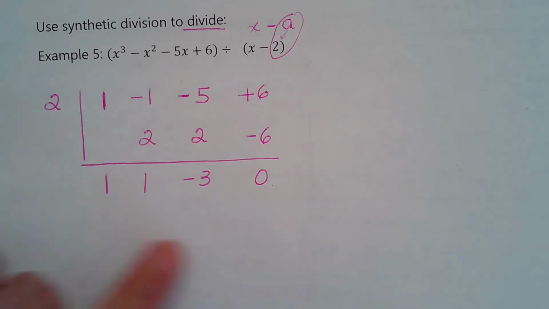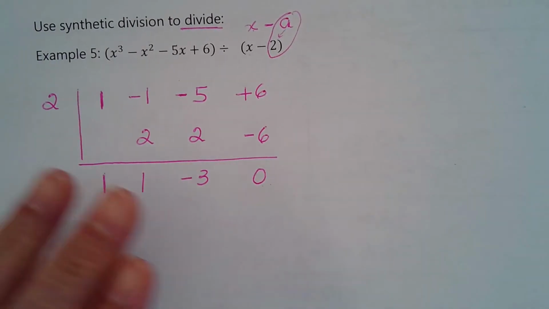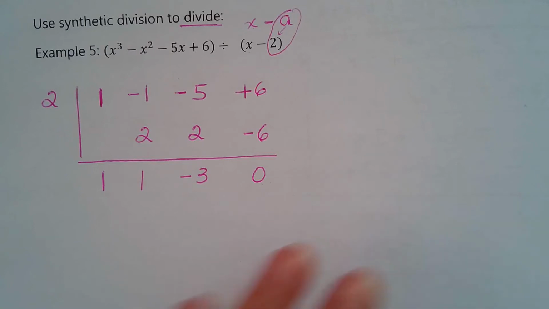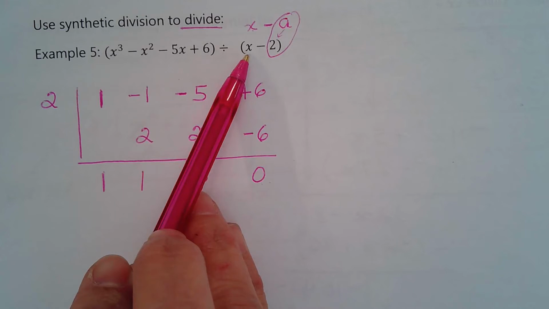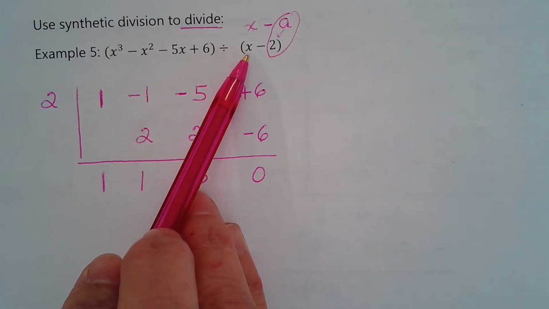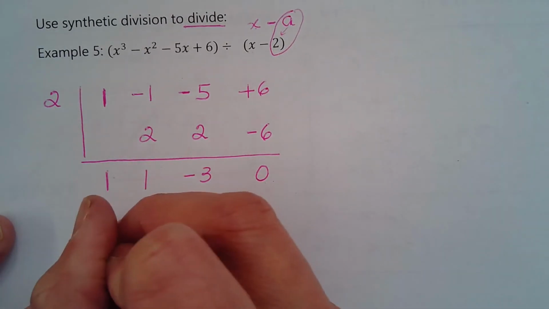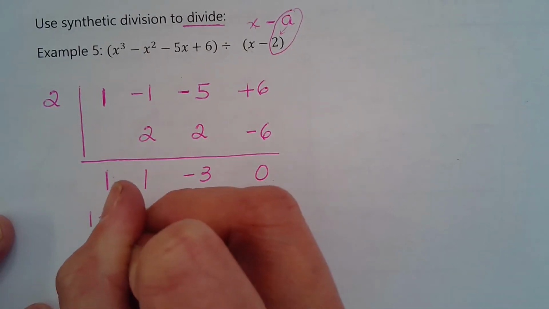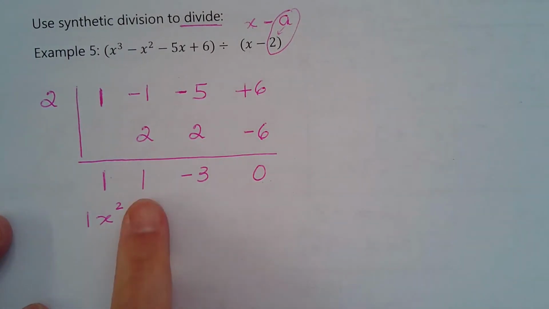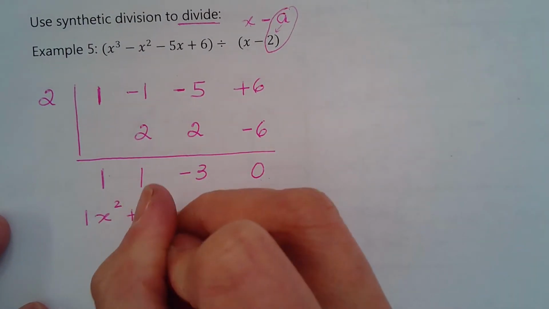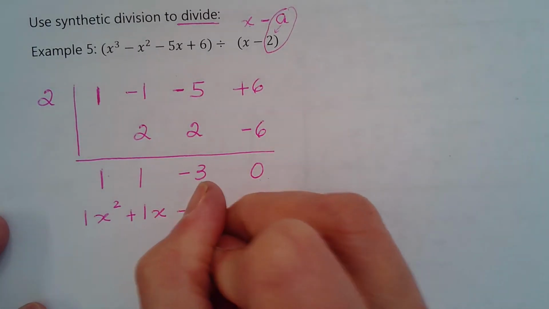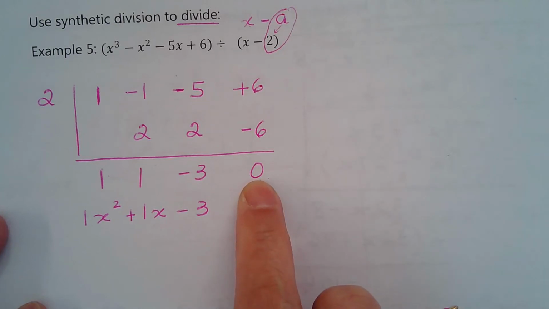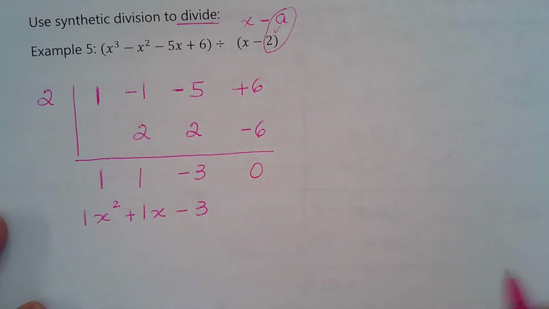Now these numbers are the coefficients of our quotient. Since x cubed divided by x gives x squared, the first one is 1x squared, then 1x, then minus 3, and the last one is the remainder, 0.